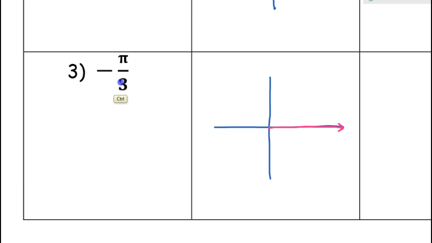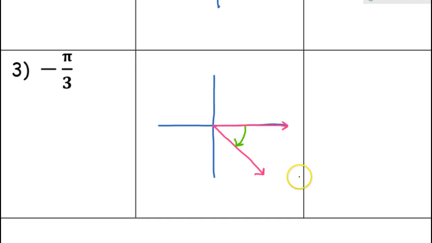Now we know that pi over 3 is a third of pi, so that's definitely going to end up here in the fourth quadrant. This is negative, so understand that I am rotating clockwise. Alright, a third of pi. So that's my sketch, and as you can see, I'm ending up here in the fourth quadrant.